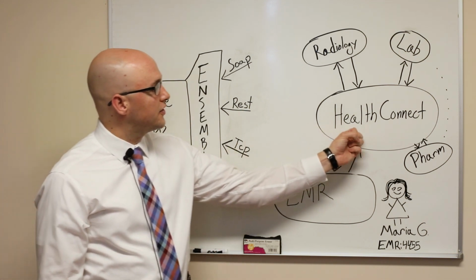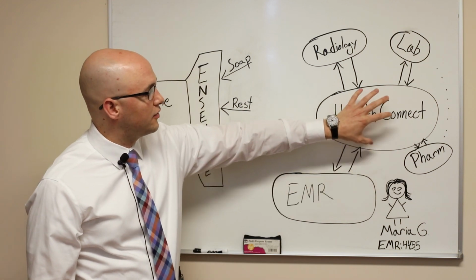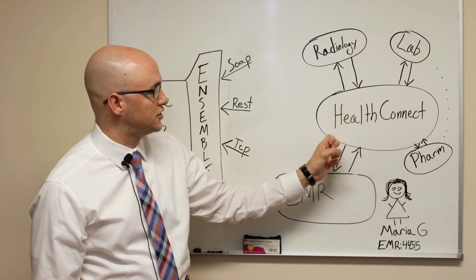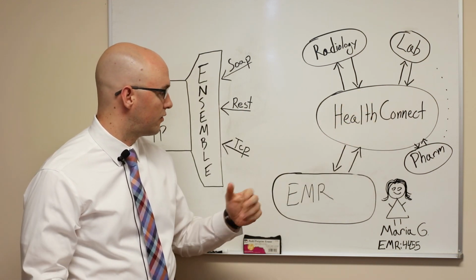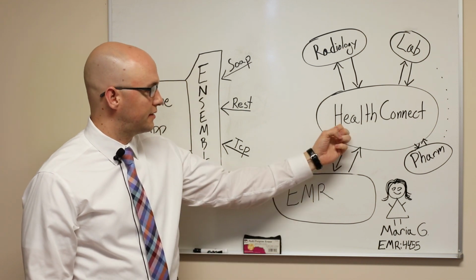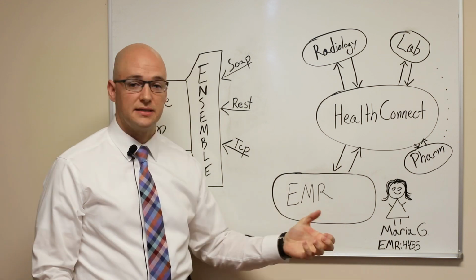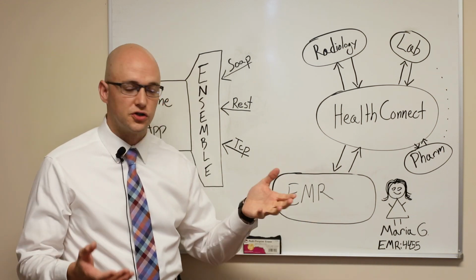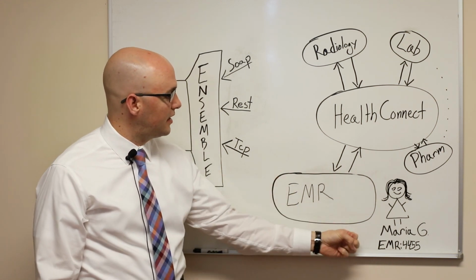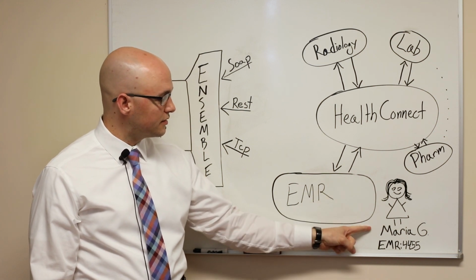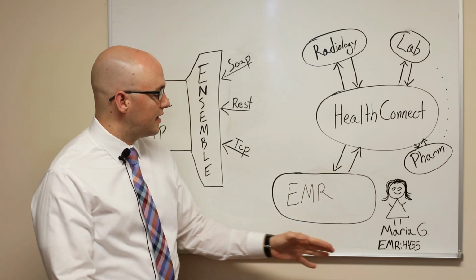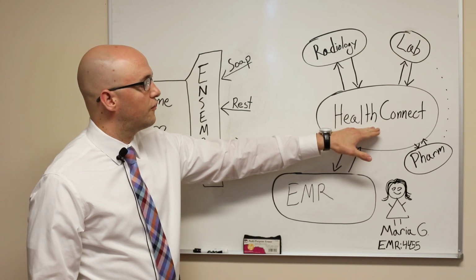Health Connect, of course, has tremendous value if you're able to monitor all of the messages flowing through it, or again, you might have Ensemble here as well. When a main EMR admits a patient, this could be Epic, Cerner, TrackCare, whatever it may be, say for Maria G here, we send an ADT message over into Health Connect.